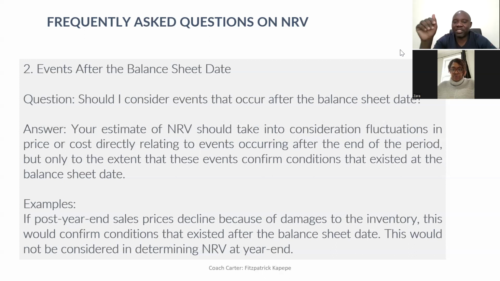Those variations must be taken into consideration, but only to the extent that these events confirm conditions that existed at the balance sheet date. I think we looked at this under IAS 10, events after the period.